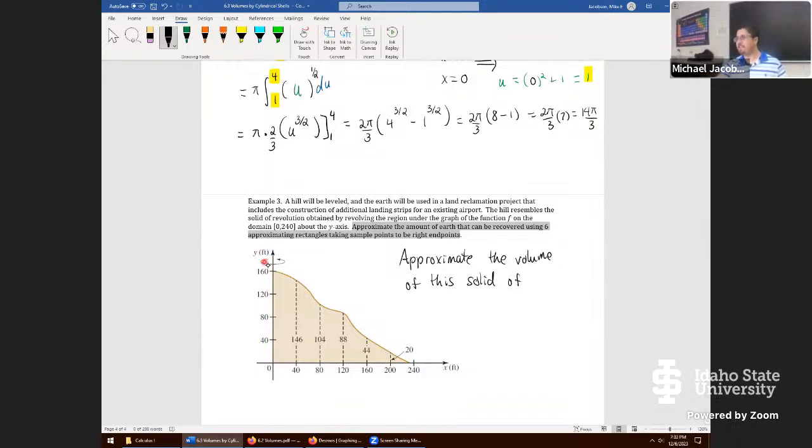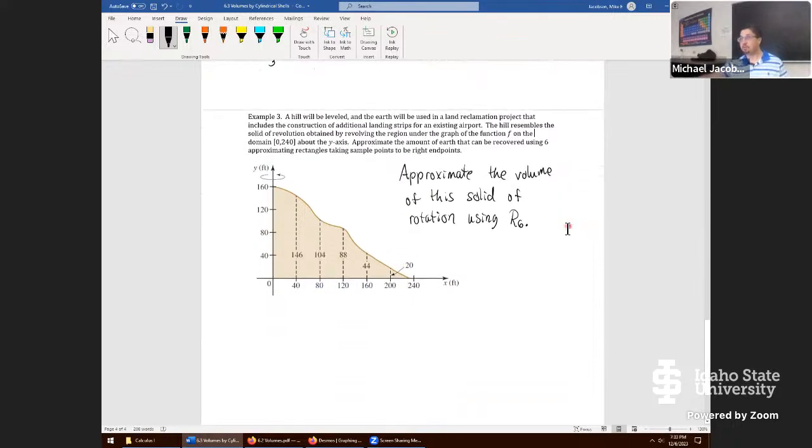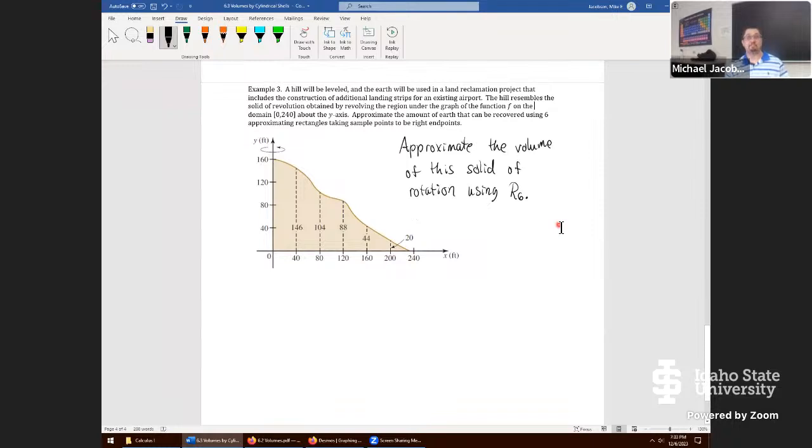I think solid of rotation makes more sense. We'll use R6, the right endpoint rule with 6 subintervals. And counting them, we have 1, 2, 3, 4, 5, 6. This one is at height 0, so that looks like it's the right strategy. Any questions, folks, before we start this one off in earnest?